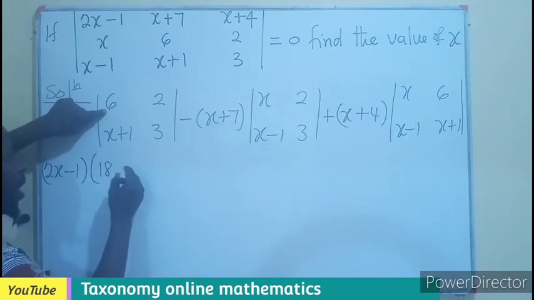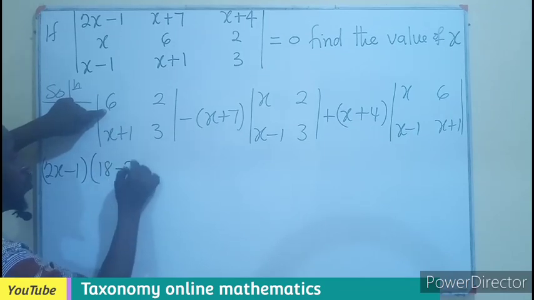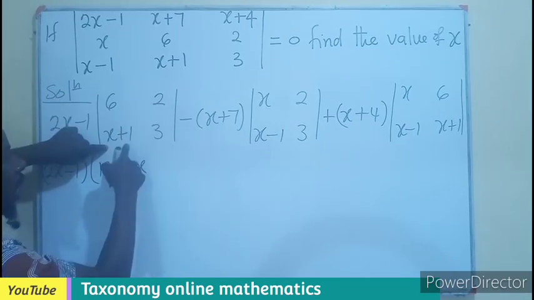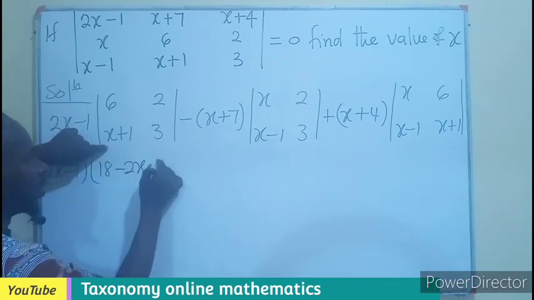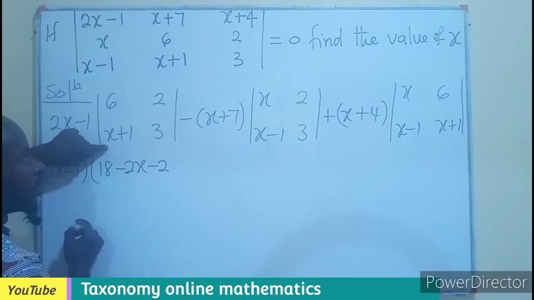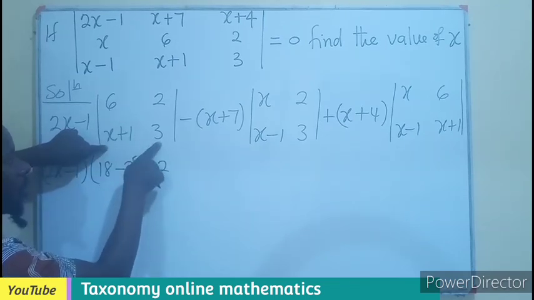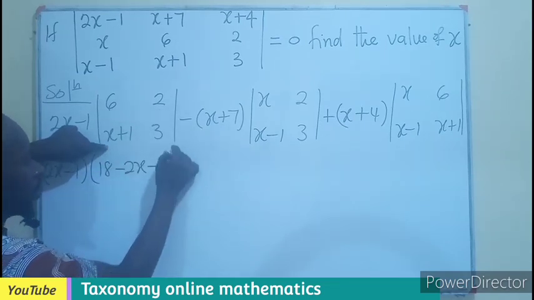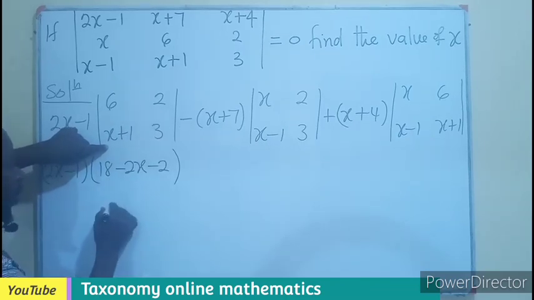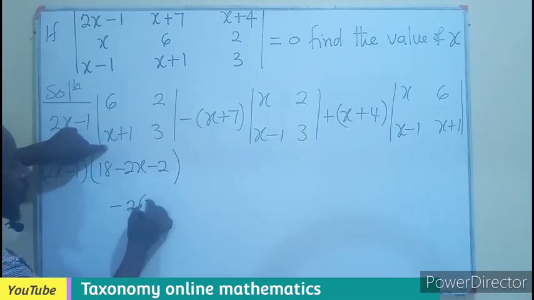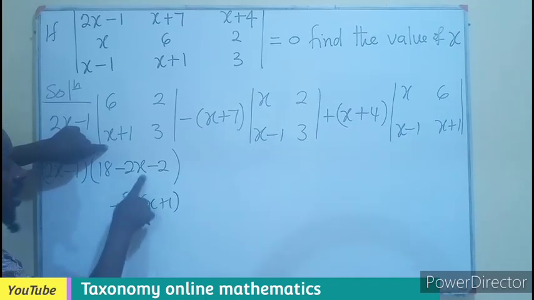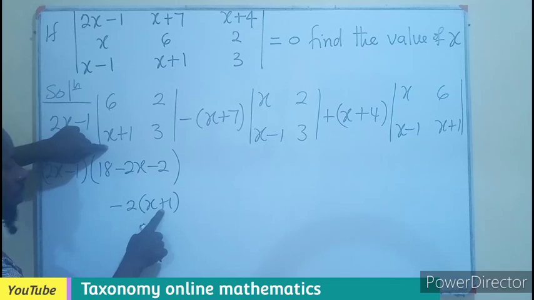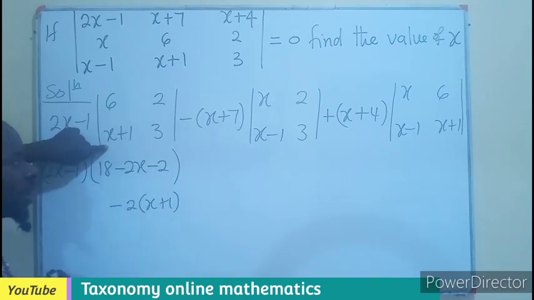Since it's negative, I'll be having negative 2x, then 2 times 1 is positive 2, but there's a negative in front, so I have negative 2. Alright, let me re-explain this. It's going to be negative 2x minus 2. So negative 2 times x gives us negative 2x. Negative 2 times 1 gives us this. So that is what I mean by that expansion.